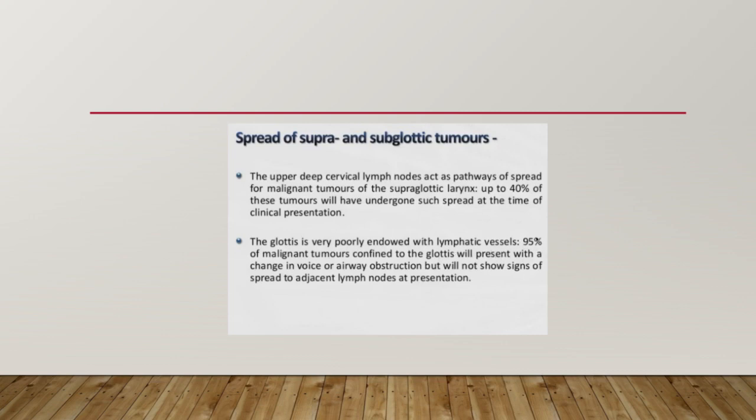So, in more than 95% of the cases at presentation, glottic carcinoma will present without a lymph node metastasis, because they tend to present early due to early symptoms such as change in the voice or airway obstruction.